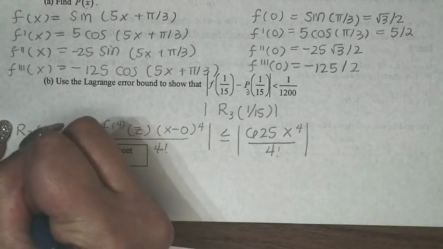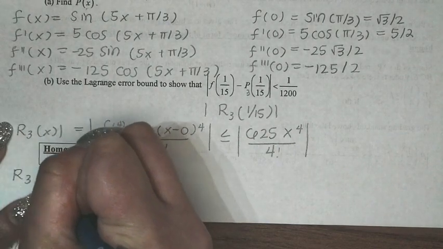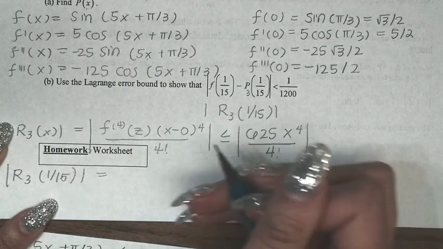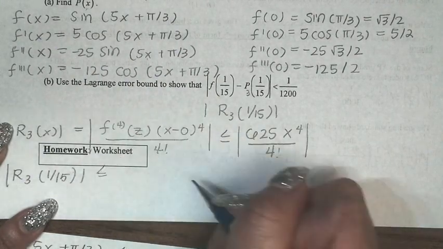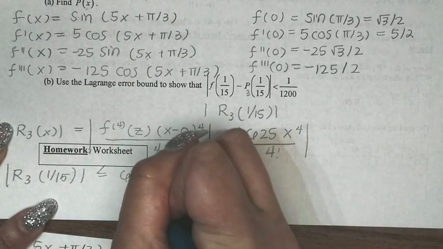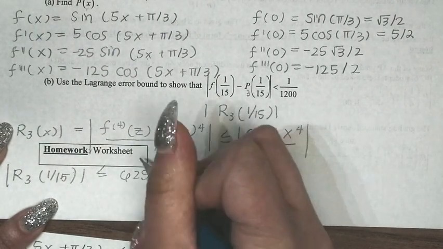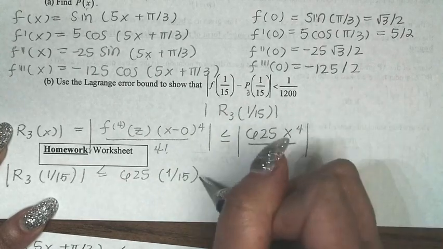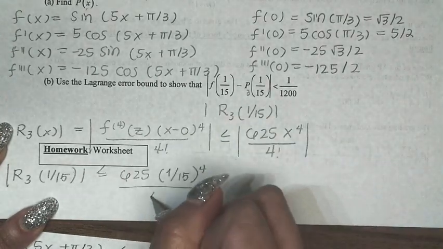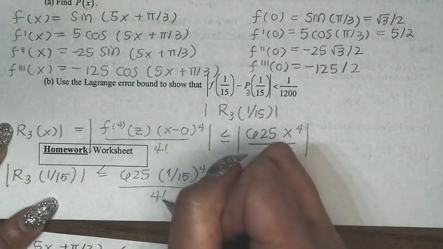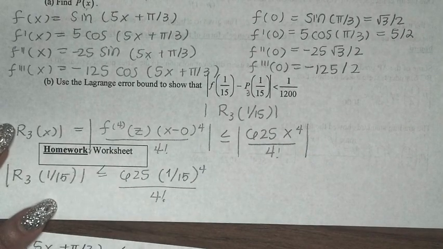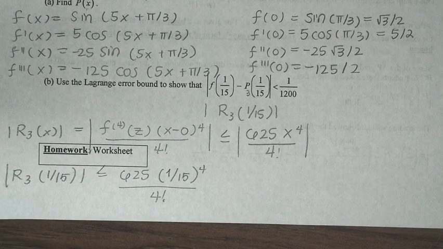So you have the absolute value of r sub 3 of 1 over 15 is less than or equal to 625 times 1 over 15 to the power of 4 divided by 4 factorial. And I took out the absolute value here because I know that this is positive, and this is positive, so there's no need for the absolute value there.